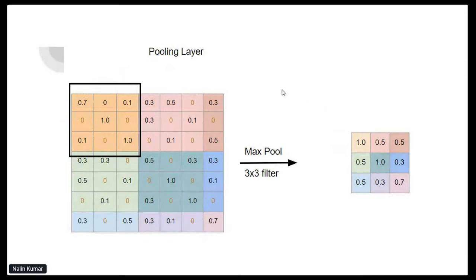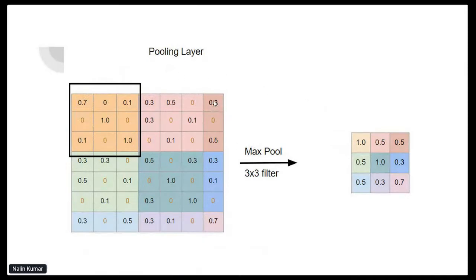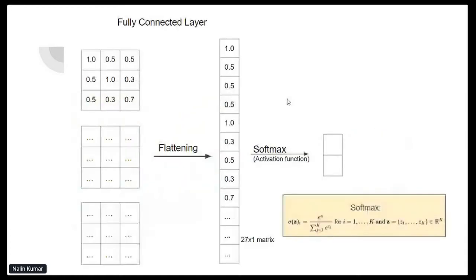We can't process the whole image, it would be computationally very inefficient. So we want to only focus on whether the features are present or not. We max pool them and get a smaller matrix.